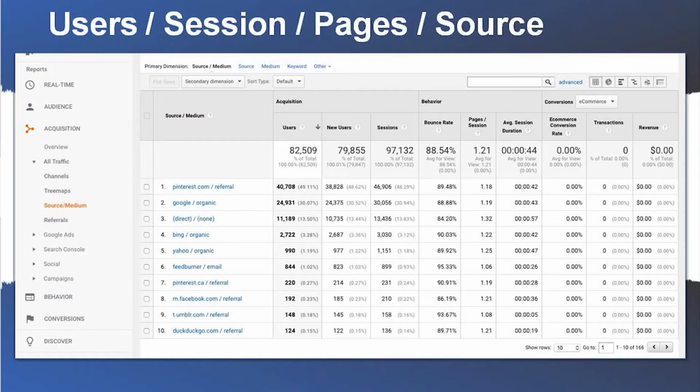What I'm looking at here, my users, this tells me how many people came to the site, the sessions, and this is how many times they've used the site, the pages per session, session duration, and the source. So those are all of my acquisition terms. Where people came from, how many were there, what pages did they see? Those are my acquisition level terms.